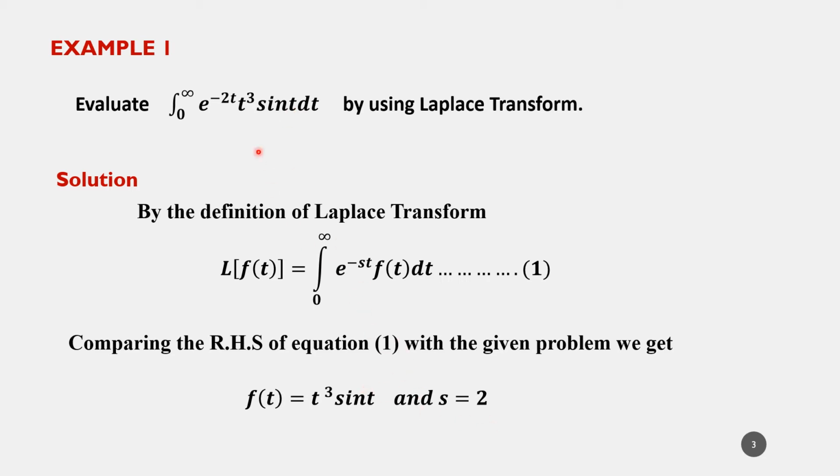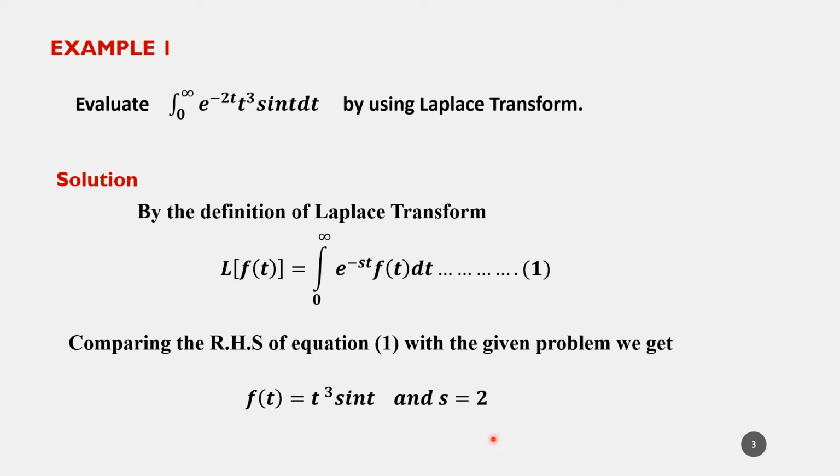Which means that this integral is converted to Laplace transform because it is equal to L of f of t. So this integral will become L of t cube sine t, and whatever answer we get when we simplify that, in that we have to replace s by 2.